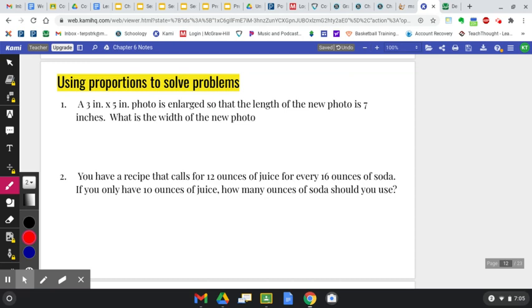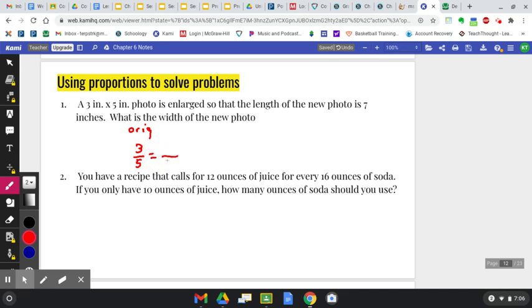Using them to solve problems. So it says in the first one, a 3 by 5, right? So my original is 3 by 5. It gets enlarged, so the length of the new photo gets bumped up to 7. And I want to find what the width of the new photo would be in order to keep it proportional, right?